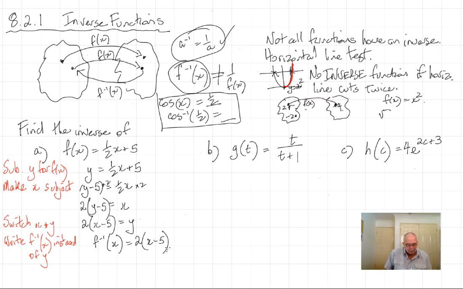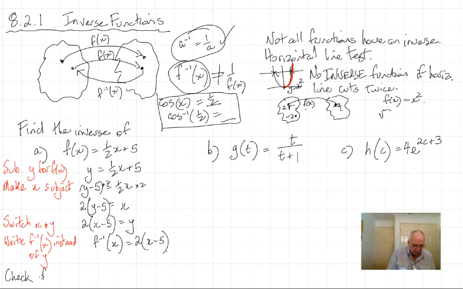Okay, so what happens is that if I give a value of x up here, it will map it over to there. And then if I put that value in this function here, it will bring me back to the original point. So if you like, you could actually do a little check.